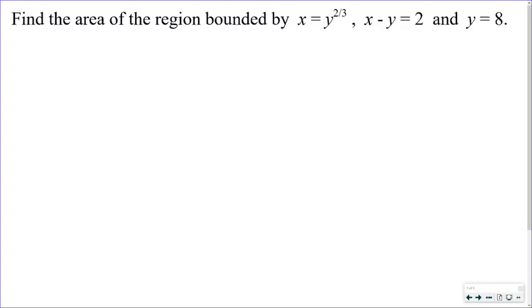So here we have x equals y to the 2/3. X minus y is 2, and y equals 8. I like to do a little sketch before I draw my real graph if I'm not quite sure how everything is going to fit together. X equals y to the 2/3. So let's see.